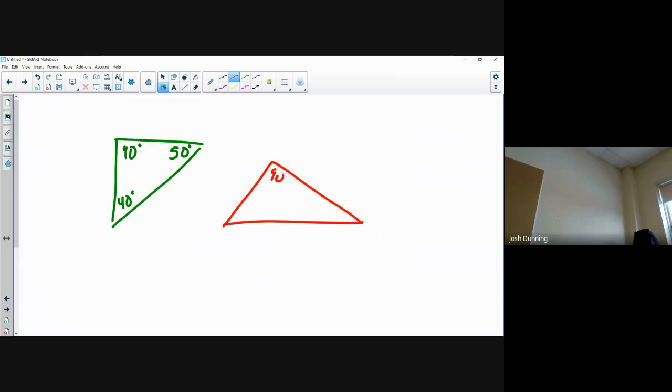Let's just say the sides are 3, 4, 5 little inches. So 3, 4, 5. What all those little curves and slashes mean, those indicate that those sides are equal.